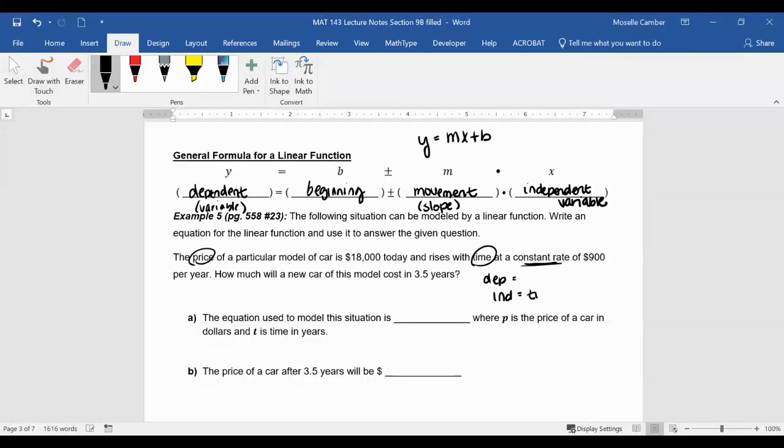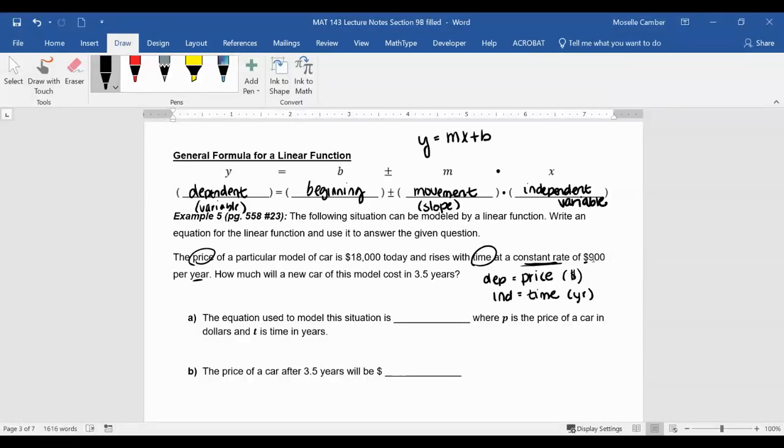So that is my independent and price is my dependent. And we can confirm that looking at the rate. So it's $900 per year. Dependent is always on top, so we have dollars on top and time on the bottom. So my time is measured in years and my price is measured in dollars.